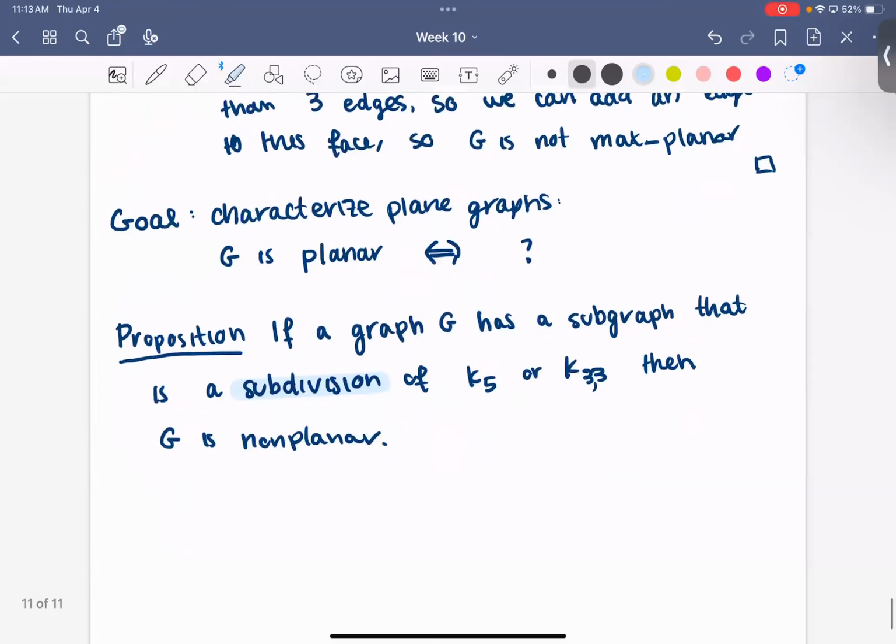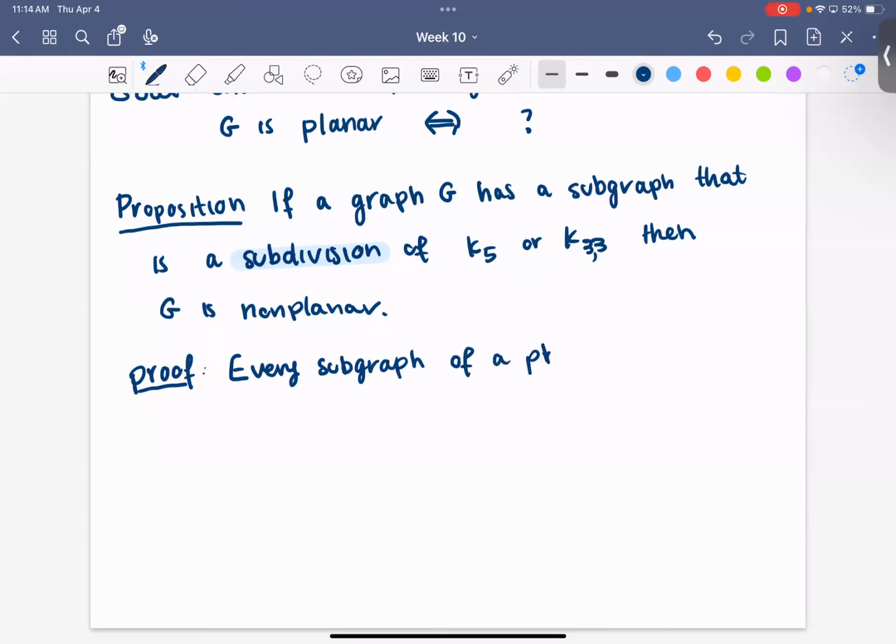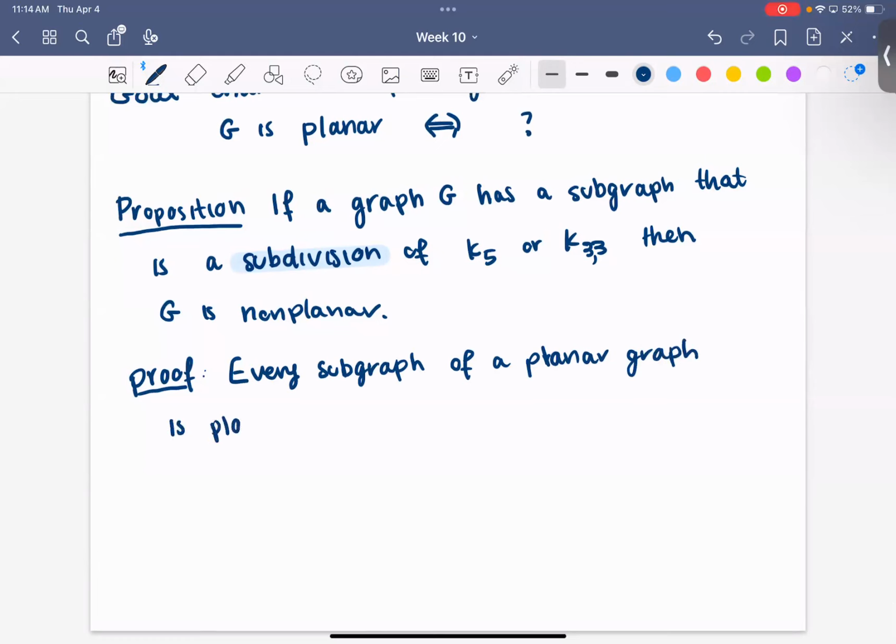Okay, so let's prove this. So first, let's observe that every subgraph of a planar graph is also planar. Does this make sense?